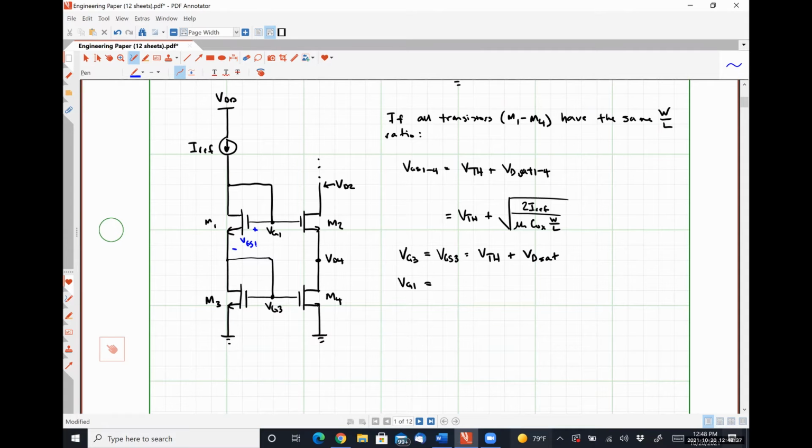And so using Kirchhoff's voltage law, we could say that VG1 with respect to ground is VGS1 plus VG3. I agree 100%. So since VGS1 is the same as VG3, this is just going to be twice VTH plus VDSAT. Everybody okay with that?